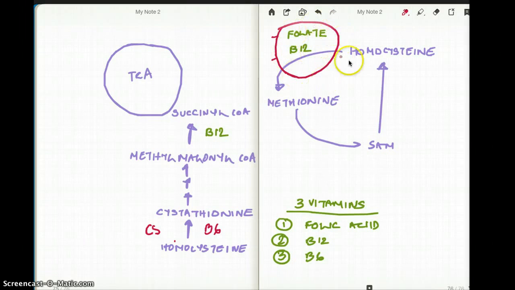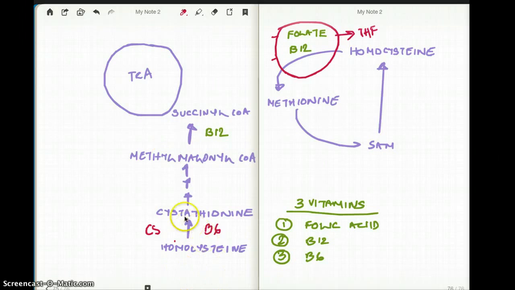And those two vitamins, folate is going to be used in the form of tetrahydrofolate, which is going to convert homocysteine to methionine, methionine to SAM, and SAM to homocysteine, and back to homocysteine to cystathionine using B6, cystathionine finally to methylmalonyl-CoA, which is using B12, which is making succinyl-CoA, and which then enters the TCA.